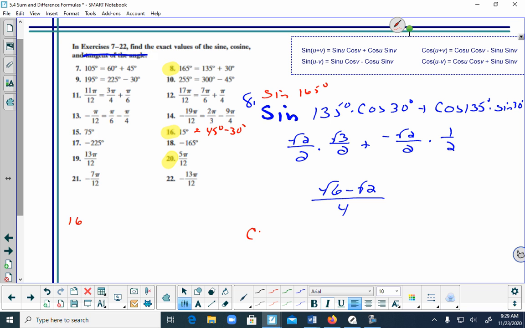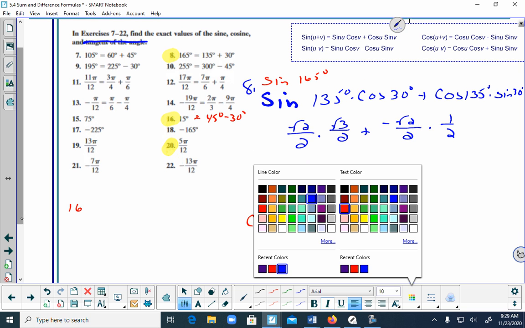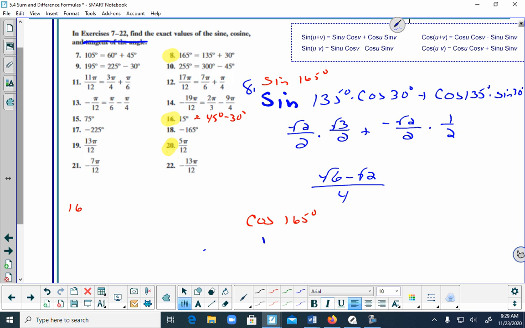Now I have to find the cosine of 165 degrees. And to do that, I'm going to use the cosine addition formula. So I'm going to do the cosine of 135 degrees times the cosine of 30 degrees. Change the sign, minus the sine of 135 degrees, sine of 30 degrees.